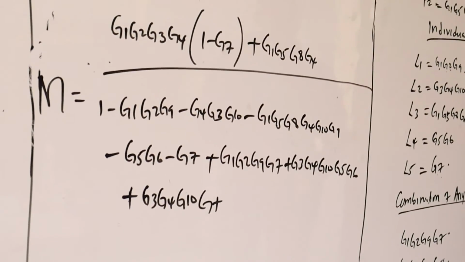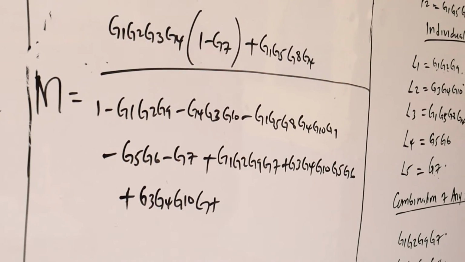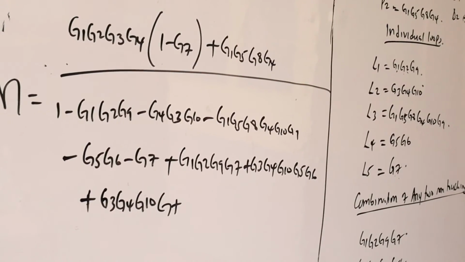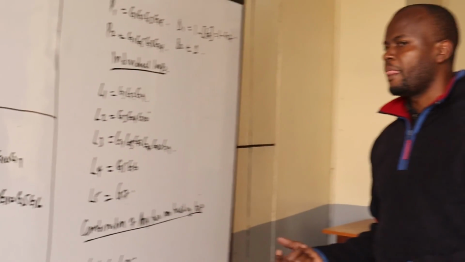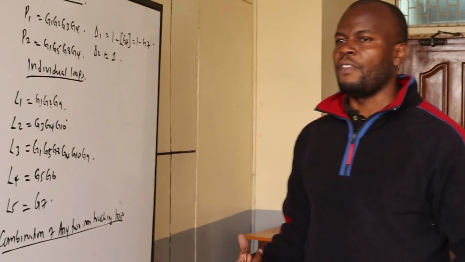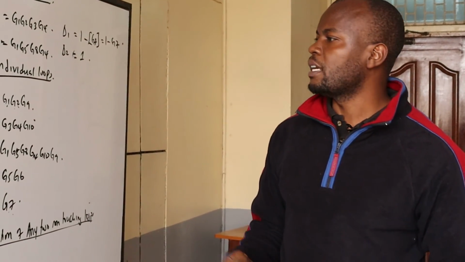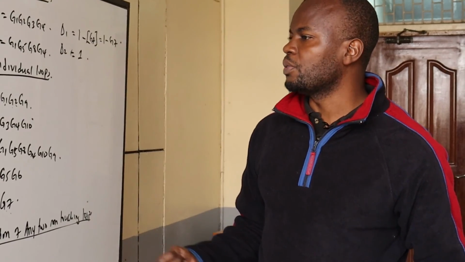So that one is the second example. In our next tutorial, we are going to look at how we change the block diagram to a signal flow graph, and then use the signal flow graph in order to determine the transfer function of a system.